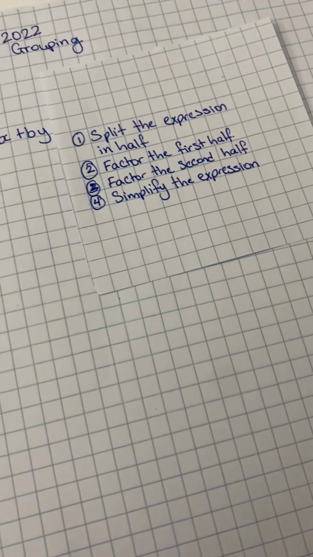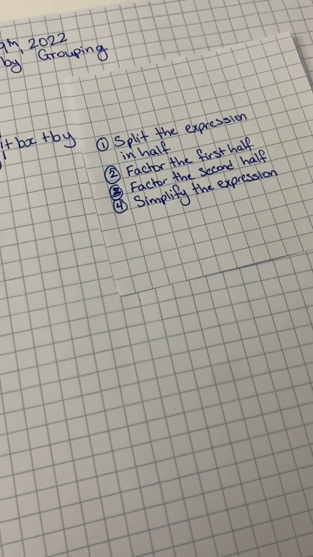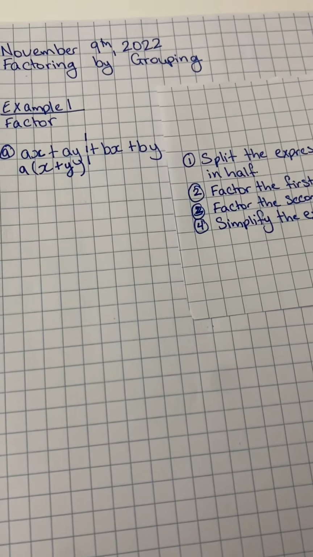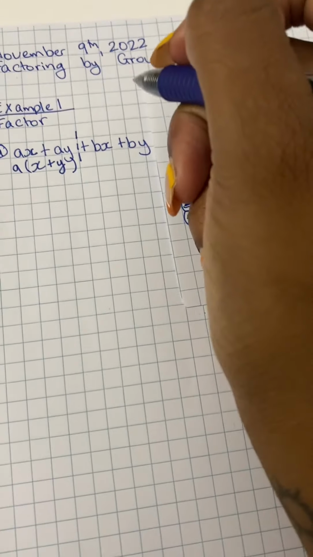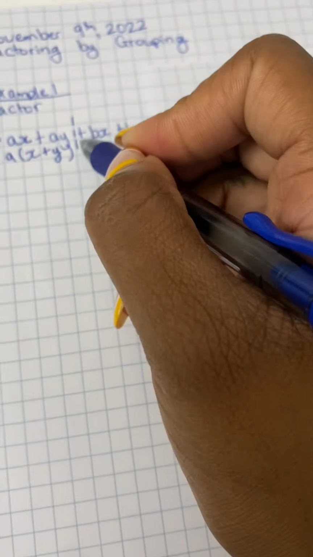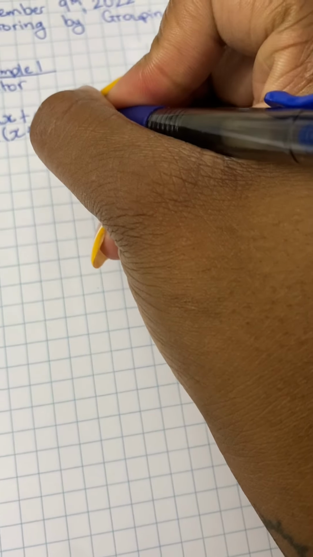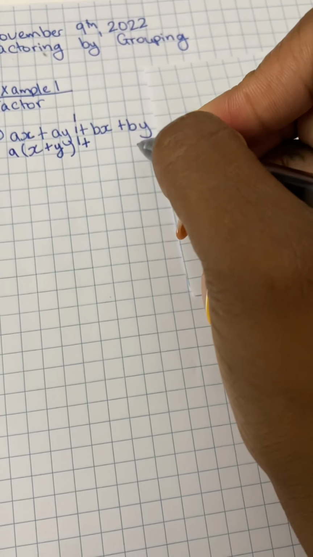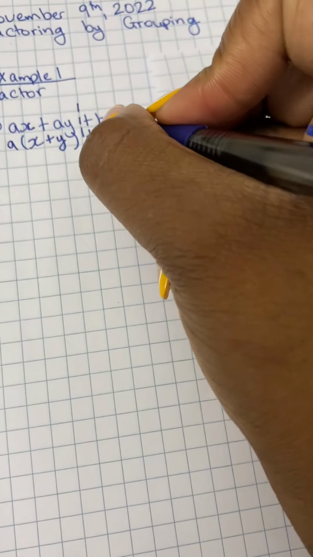Second step, I'm going to factor the second half. So I'm just going to focus on the bx and the by because the first half is already done. Please take note, whatever sign is in the middle always comes down. So I'm going to write my plus sign. I do know that these two have a b in common.